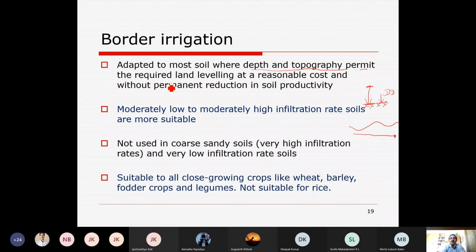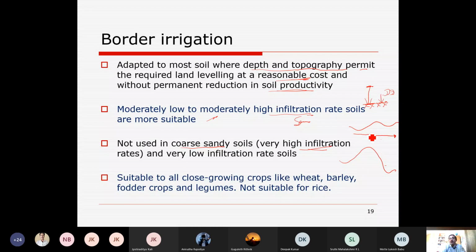Soils with moderately low to moderately high infiltration rates are more suitable for border irrigation. Moderately low is clay type soil, and moderately high infiltration is basically sandy soil. It is not used in coarse sand or pure sand soils because of very high infiltration.